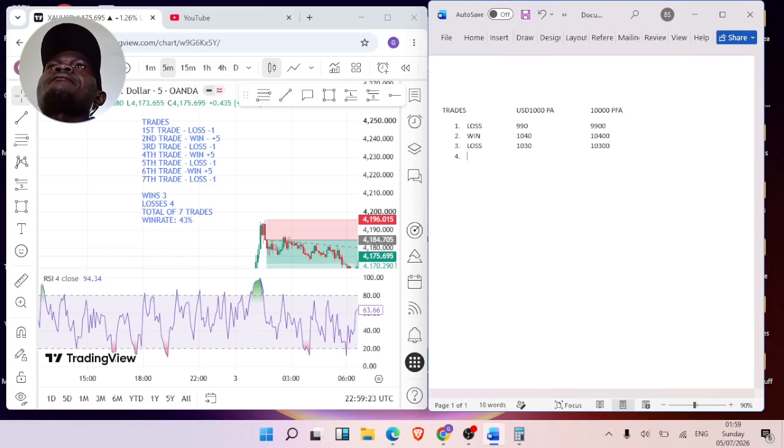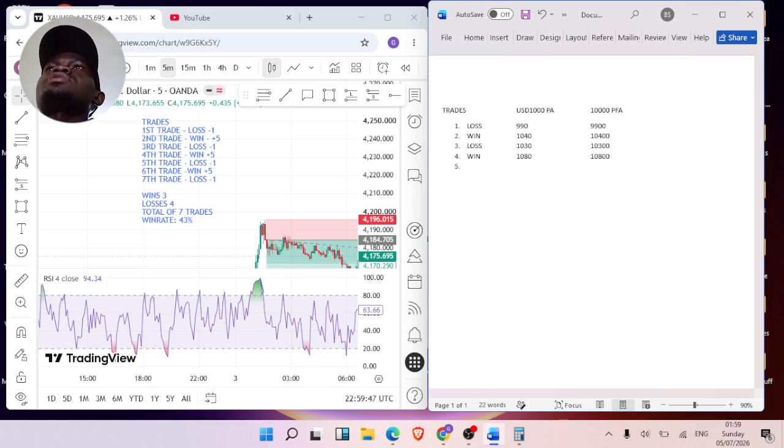And then the fourth trade was a win. Was it a win? Yes, that was plus 5%. That means our personal account moves up to 1080, that is 1030 plus $50, that is 1080. And then our pro forma account moves up to 10,800.